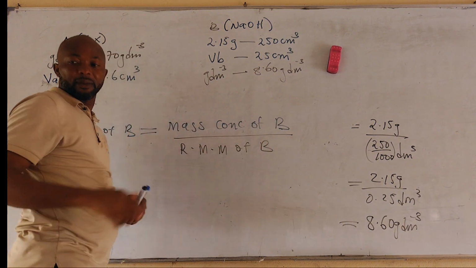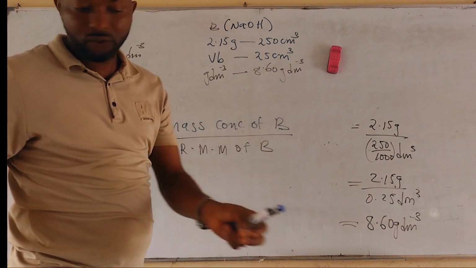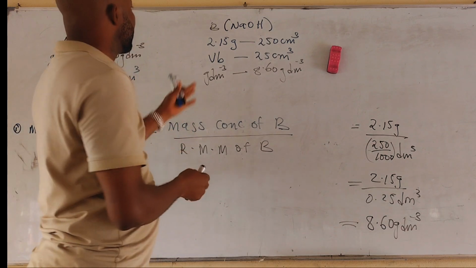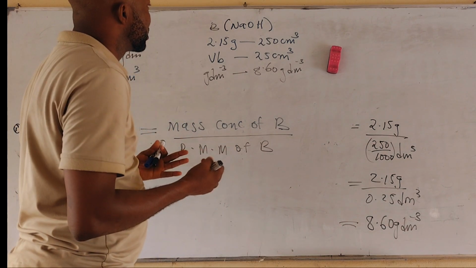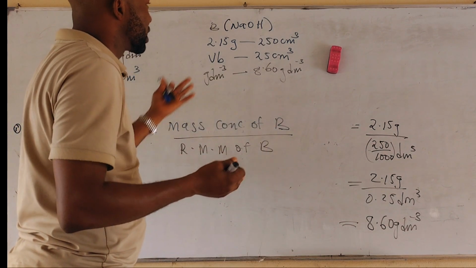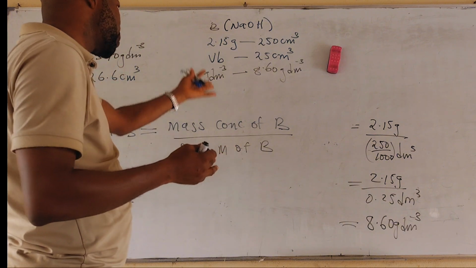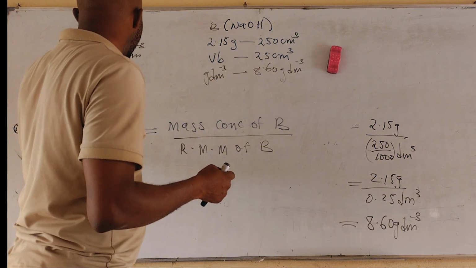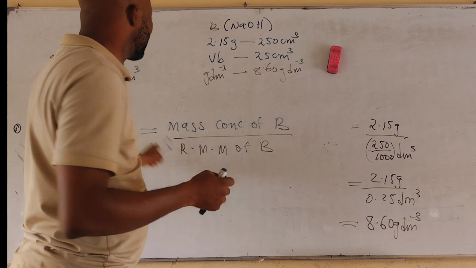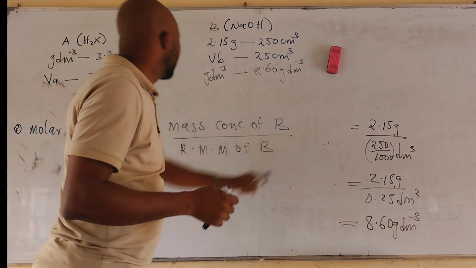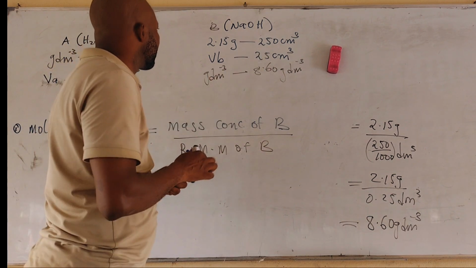So from here, we're able to understand that the mass concentration can only be gotten, although it wasn't given, but we understand that we can actually derive that, which we have done. And the formula for molar concentration, which is mass con over relative molecular mass, now we'll apply. So our mass con, we just got that to be 8.6.